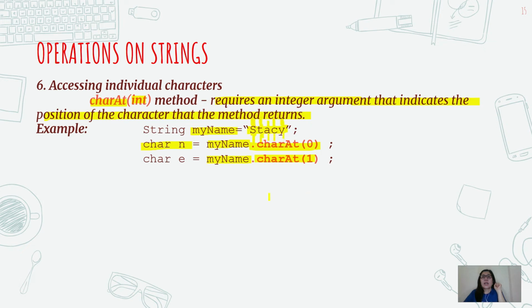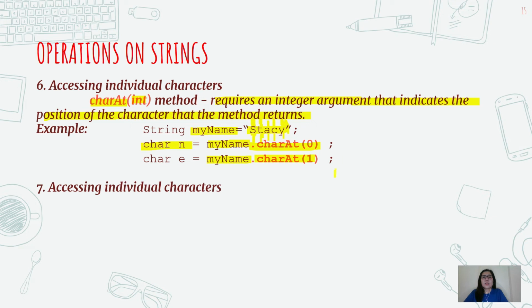Example, ang nilagay is that char at 5, there would be an index out of bounds exception. Magkakaroon ng runtime error. Kasi nga, walang naka-specify at index 5.